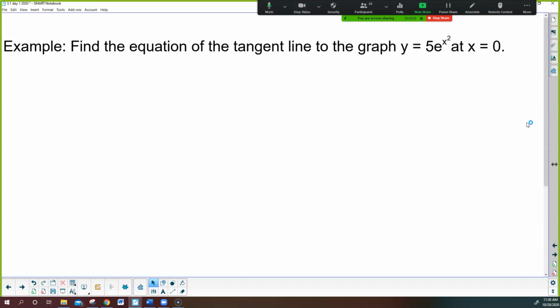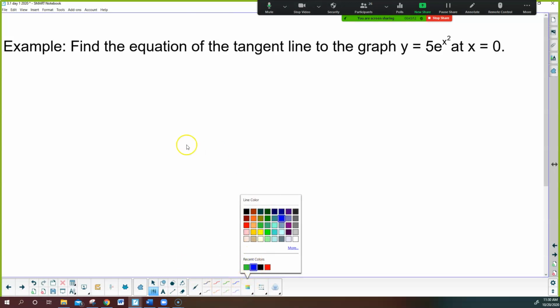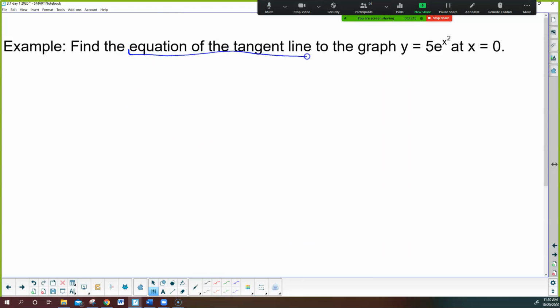So now that we know the chain rule, we can ask this very famous question, which you will be asked pretty much every single test or every single unit. Anytime we learn something new, we're going to ask you to write the equation of a tangent line, because you have to interpret that.